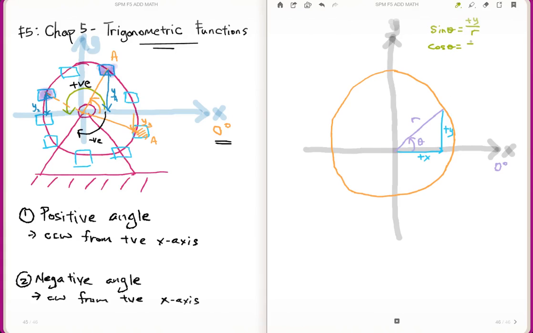The side is positive x. Tangent theta will be opposite over side, a positive value. So for any acute angle, any angle less than 90, sine, cos and tangent are positive values.